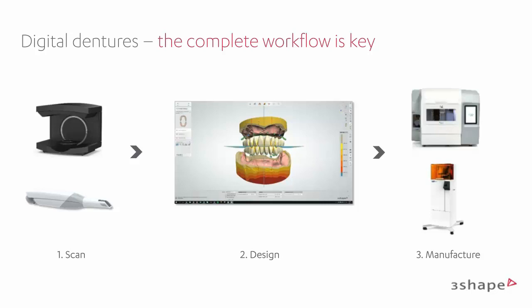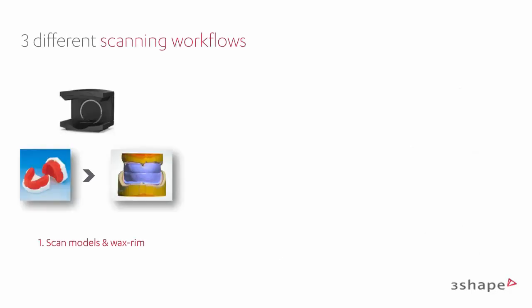So those workflows are really key, and you need to ensure that those are enabled workflows from the scanner, especially from the scanner into the design software, because not everything is as smooth as has been promised by some manufacturers. Basically, there are 3 different scanning workflows. You can also almost consider this as a digital journey. First, you can start with just using a lab scanner.